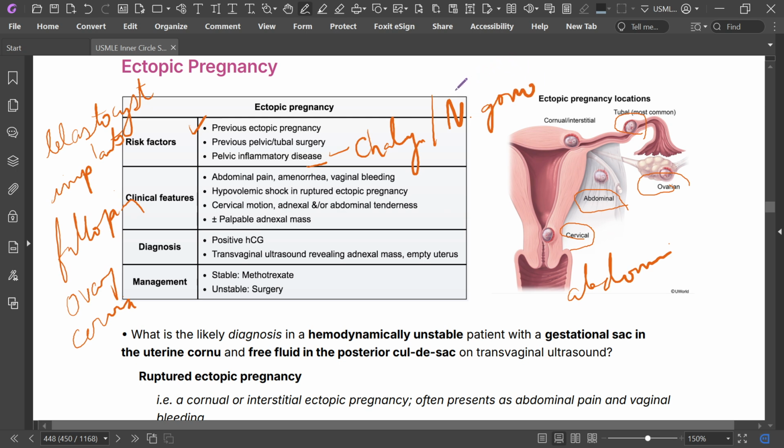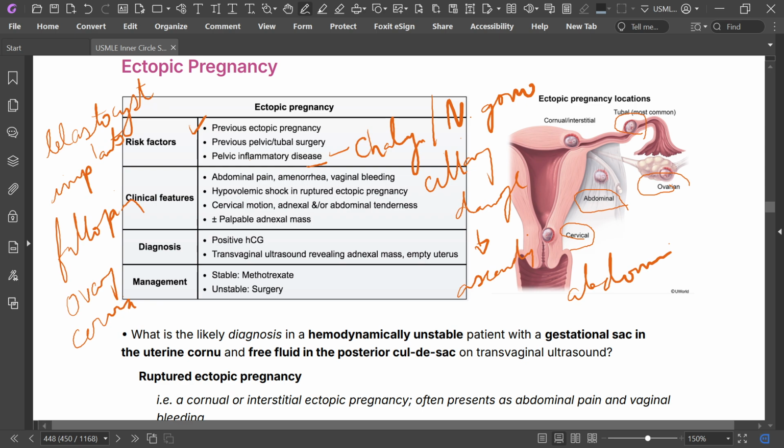Chlamydia and Neisseria gonorrhea can cause direct ciliary damage and ascending infection, causing salpingitis, that is, inflammation of the fallopian tube, thus causing PID. So: prior ectopic pregnancy, prior tubal or pelvic surgery, and PID.